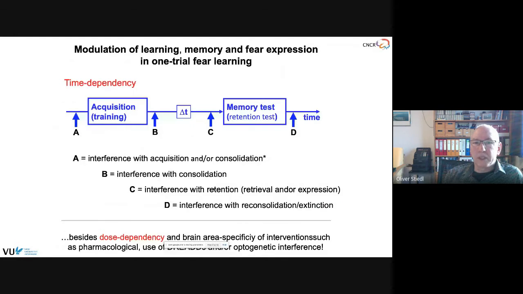Of course, the benefit is that if we do this kind of experiment with a single trial, we can interfere in a very time-specific manner. We can interfere before training, after training, before the retention test, after the retention test, and do subsequent retention tests. In this case, this can be done with pharmacologic interventions.